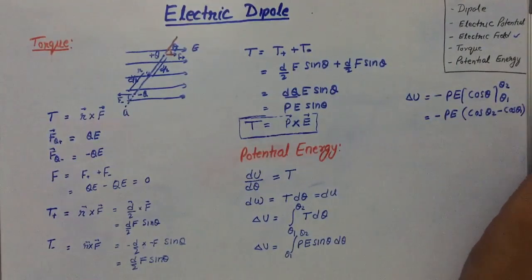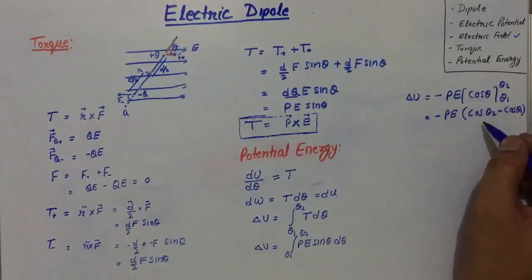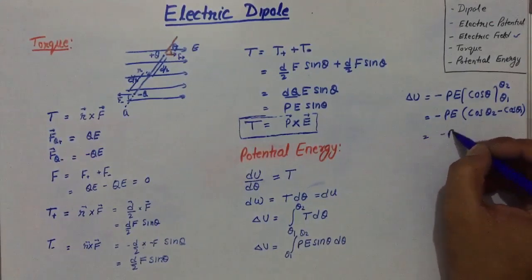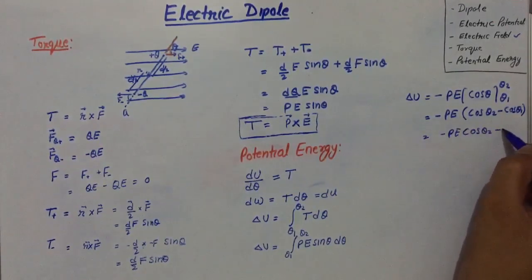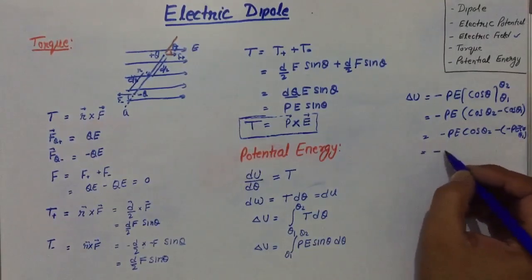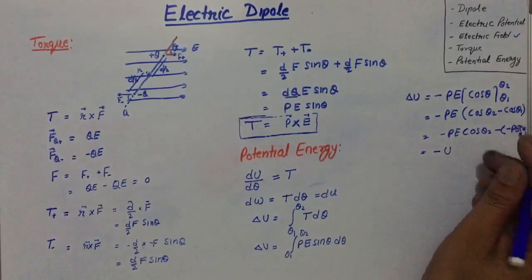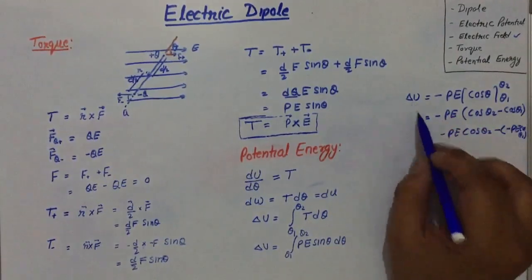So the change in potential energy is minus PE cos theta 2 minus PE cos theta 1, that is minus U final minus U initial. In this way we can say this is the change.